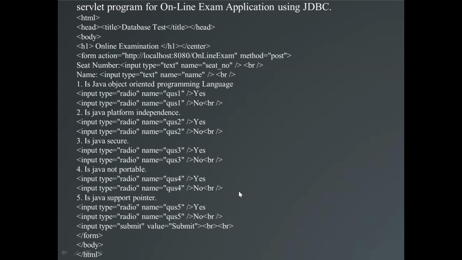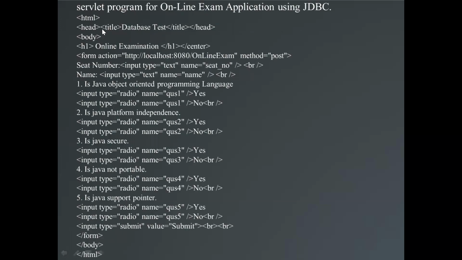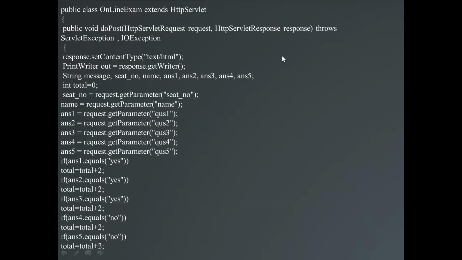So this code will help you to create the form. And after creating the form, this is the Java part where you are going to establish the connection with JDBC and store it in the database. In the HTML form, we have mentioned the method as post, so here in the Java program, we are going to write the code inside the doPost method.